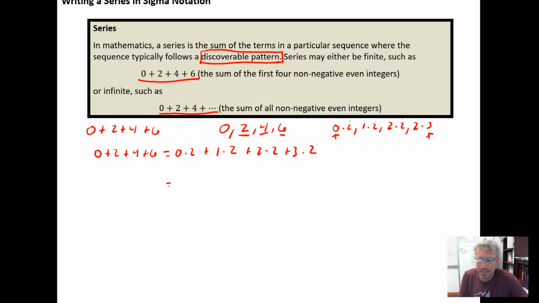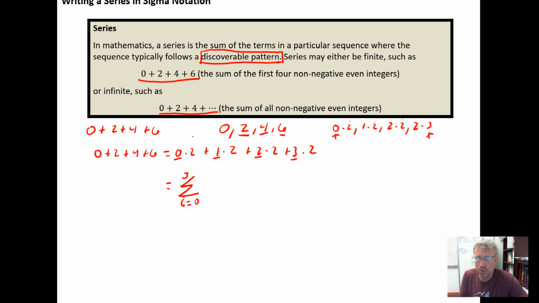We could represent that using sigma notation by saying, hey, I'm going to start at 0 and increment my way one at a time through the number 3. So I'm going to start at i equals 0, incrementing through the number 3. So there's going to be 4 terms.